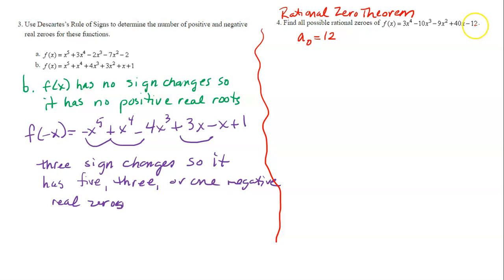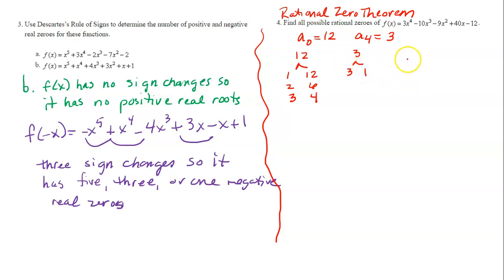Now, we all know we get negative 12, but that doesn't matter to the rational zero theorem. And the coefficient of x to the 4th is 3. So then I have to do the factors. The way that I can make 12 is 1 times 12, 2 times 6, 3 times 4. And then 3 is prime, so we just have 3 and 1.